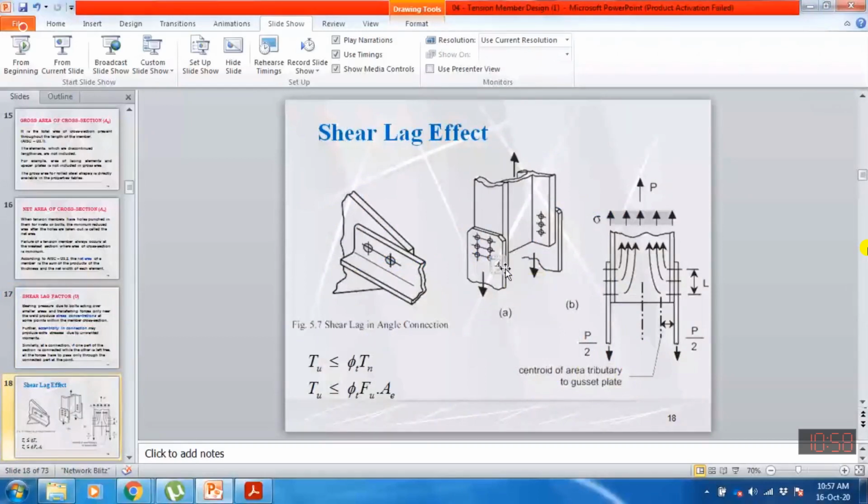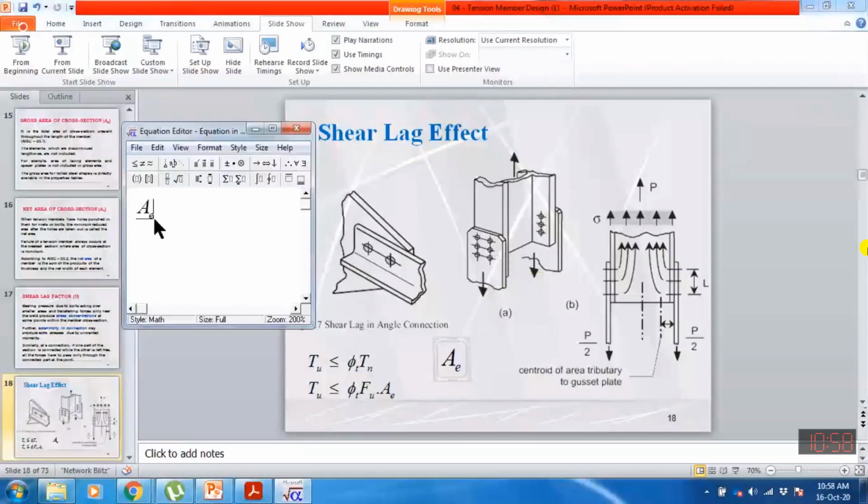So effective area is equal to, we are having one factor which is referred as shear lag factor multiplied by net area.